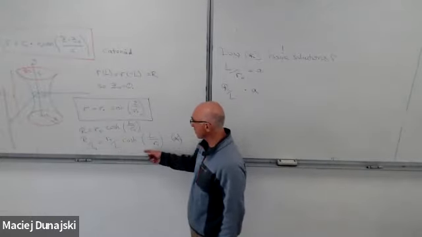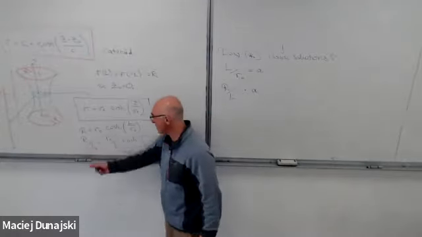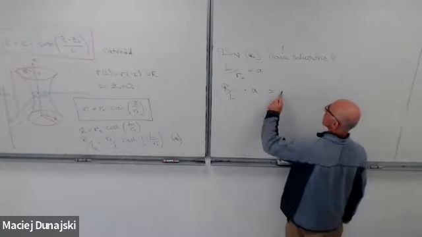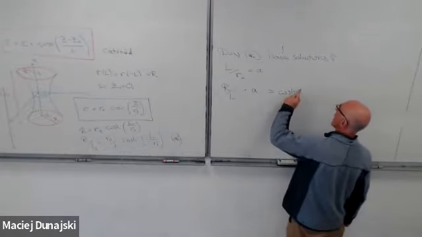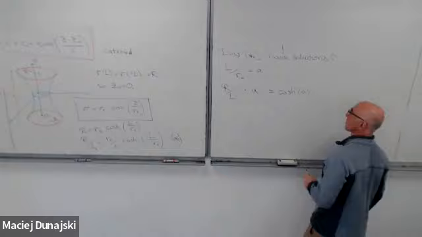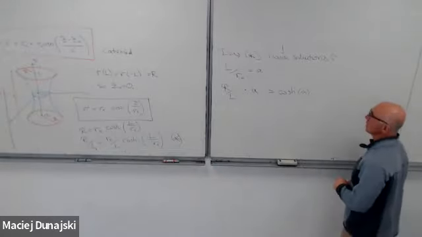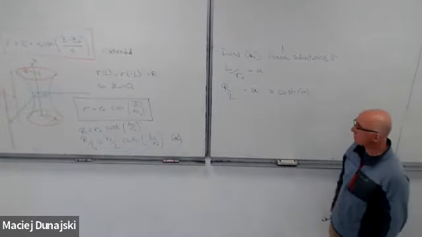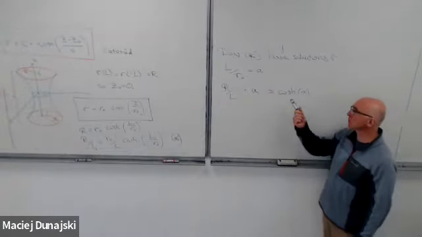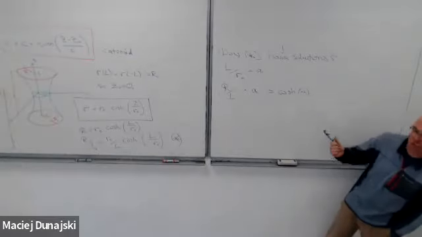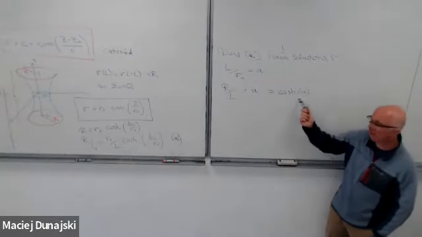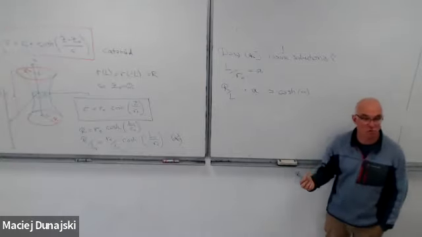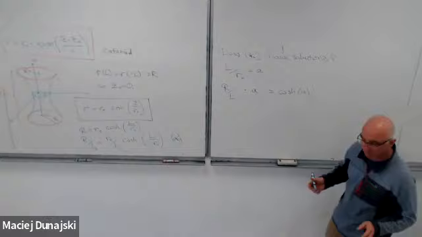So this would be 1, and L over R0 becomes A here, equals cos A. Well, when I solve this equation for A, it's not an algebraic equation. There is no quadratic formula for it because there is a hyperbolic function. It's a non-algebraic equation, so it's hopeless to think of a formula.